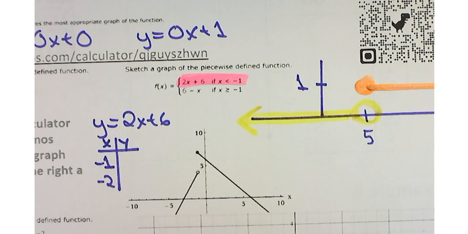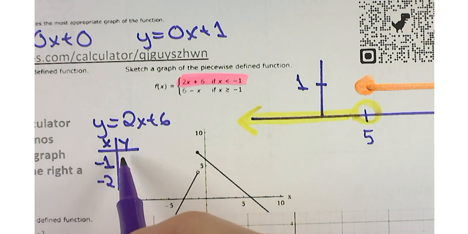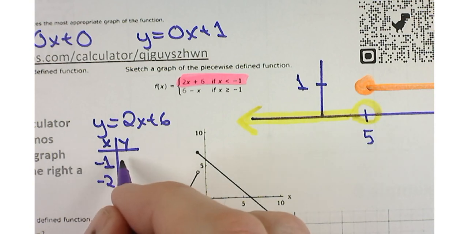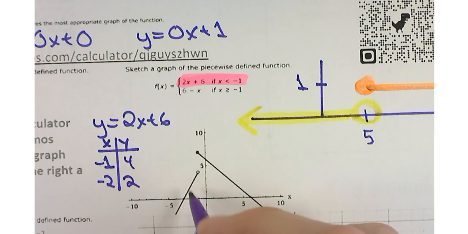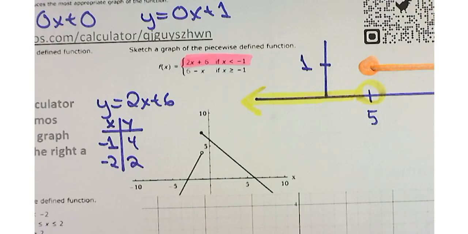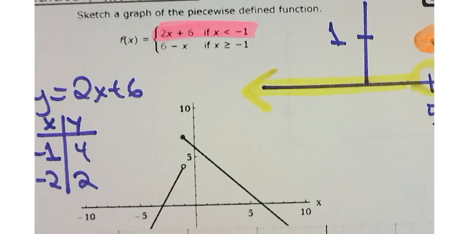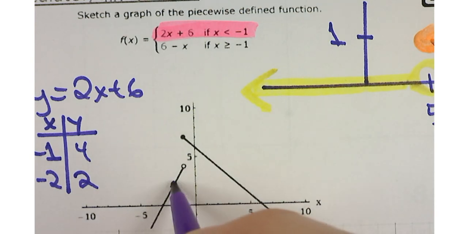If I plug in -1 for x, what do I get for y? 4. And then plug in -2 gives me a 2. So that's going to be, let's see. Let me zoom in a little bit here. -2 and 2, that's going to be down here.